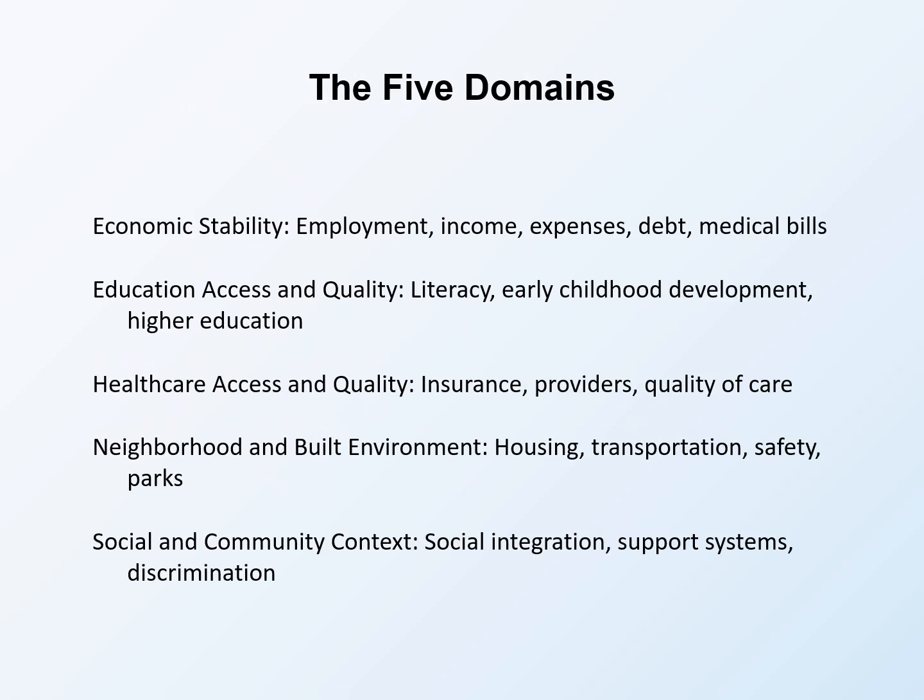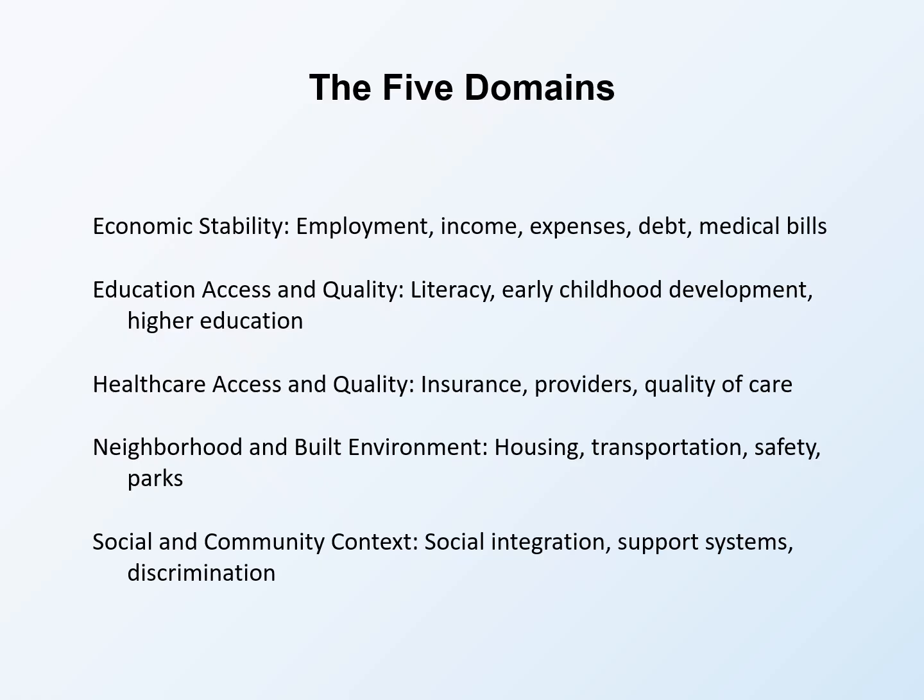Let me walk you through the 5 domains of social determinants. First is economic stability: employment, income, expenses, debt, medical bills. Can people afford the basics? Second is education access and quality: literacy levels, early childhood development opportunities, access to higher education. Education is one of the strongest predictors of health outcomes.